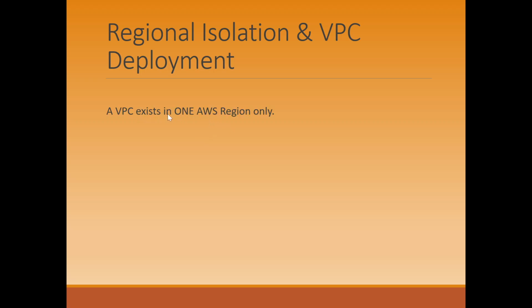For example, VPC 1 in US East 1 and VPC 2 in US East 2. There is no automatic cross-regional communication; it must be configured manually.